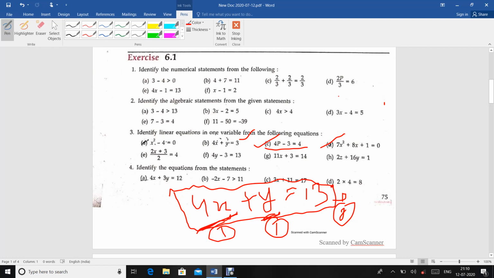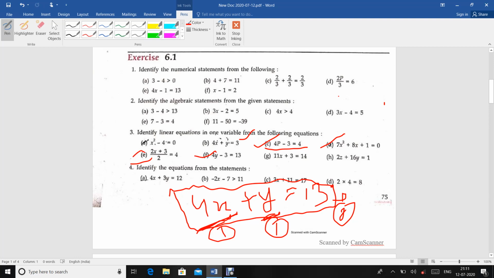7x square means the degree is 2, so it is not a linear equation. The next is 2x plus 3 upon 2 is equal to 4. Also in this equation the degree is 1, so this is a linear equation in one variable.